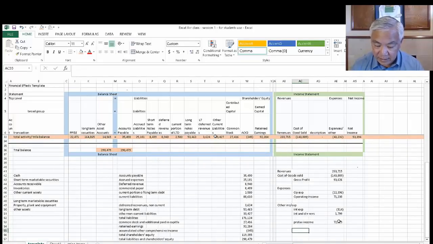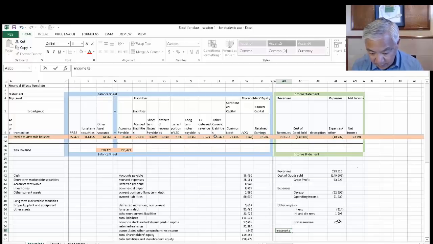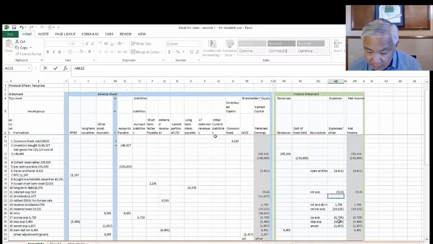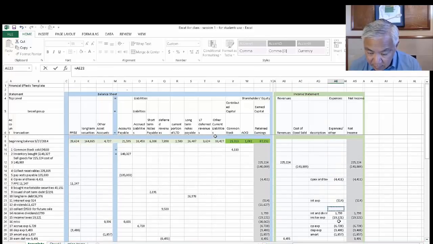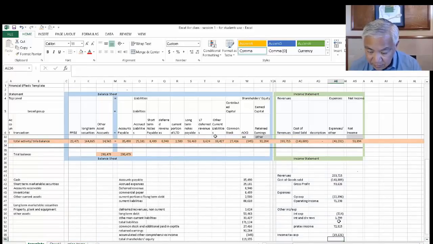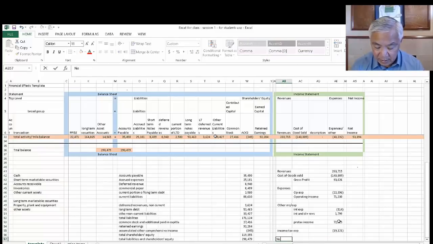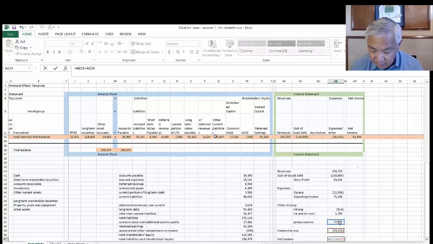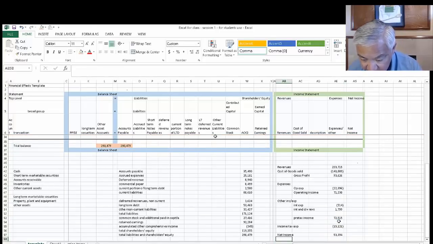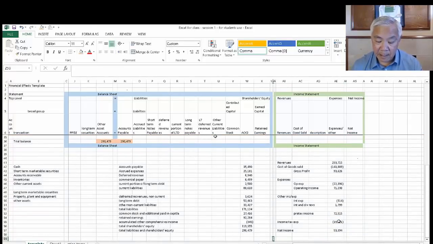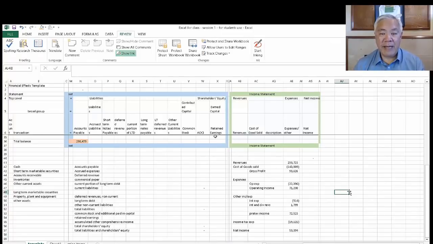Next we have income taxes, and we paid taxes here, 19,121. And the bottom line is net income, pre-tax plus this, 53,394.